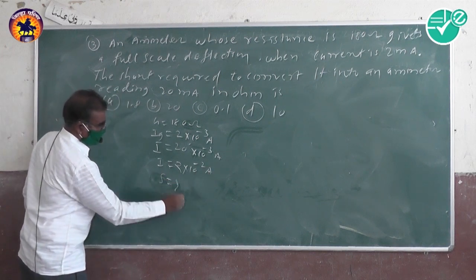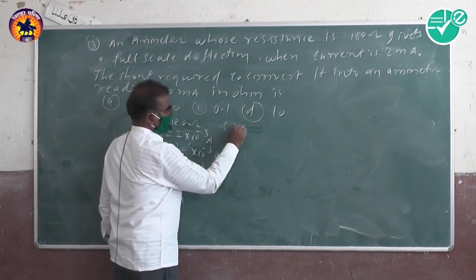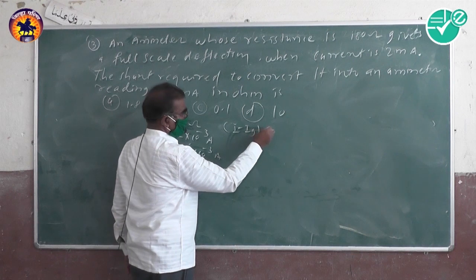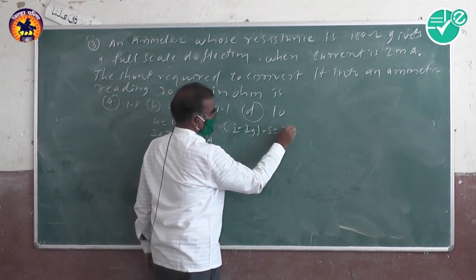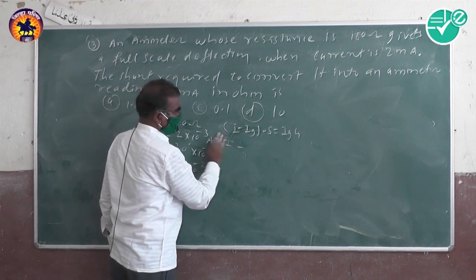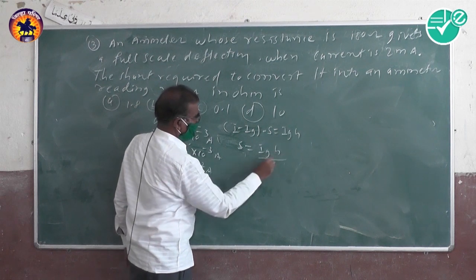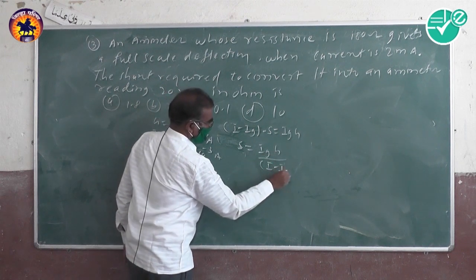Then S equal to what? I minus Ig into S equal to Ig into G, so S equal to Ig into G divided by I minus Ig.